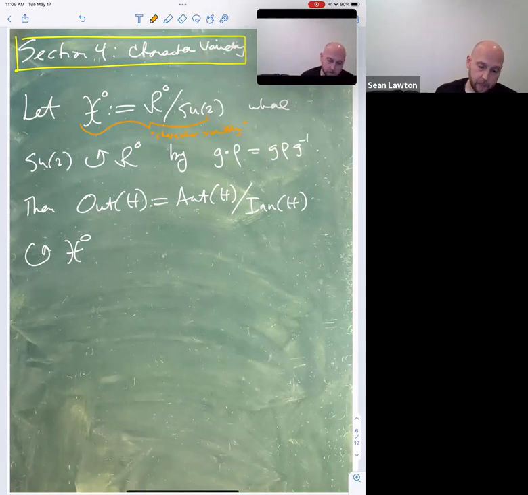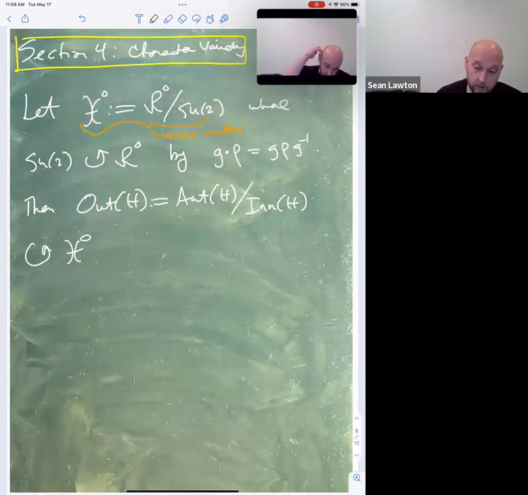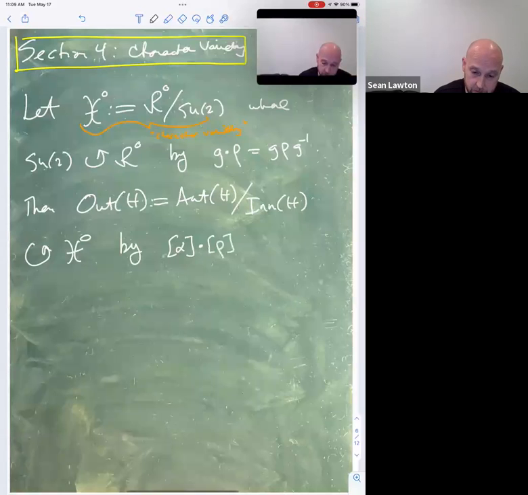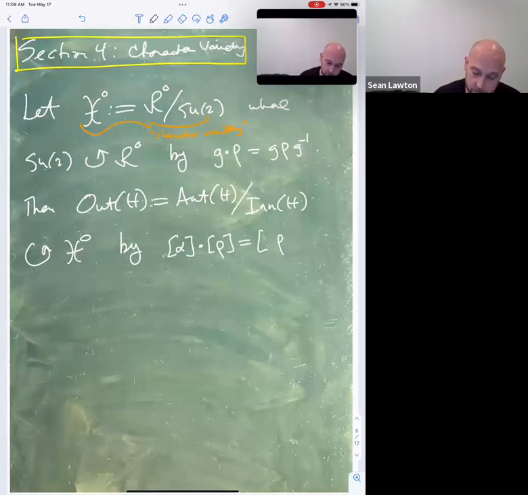So Out acts on the character variety by, well, you take a class of an automorphism and you take a class of a representation, and you do the action we had here, and then you just take the corresponding class.